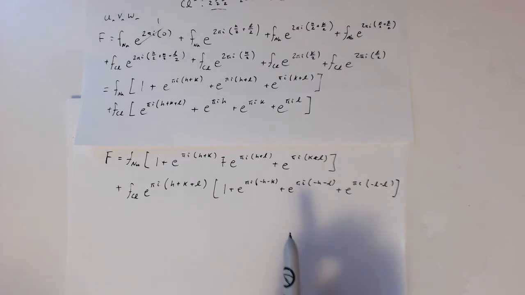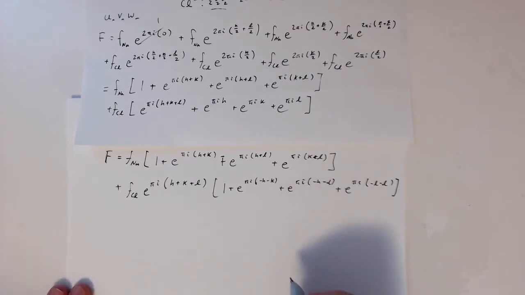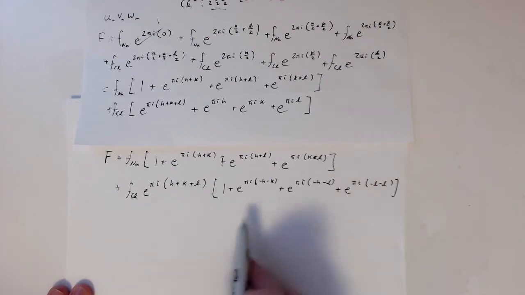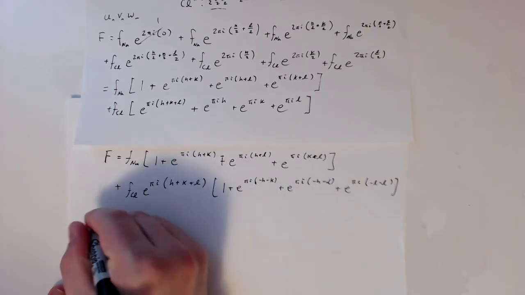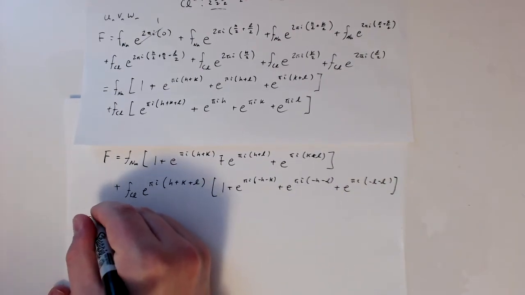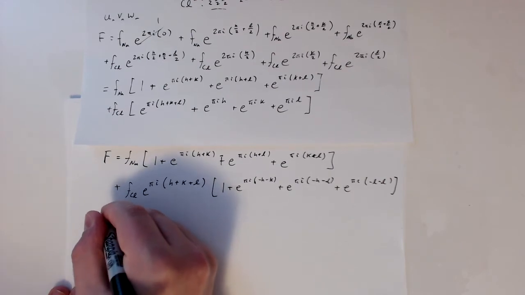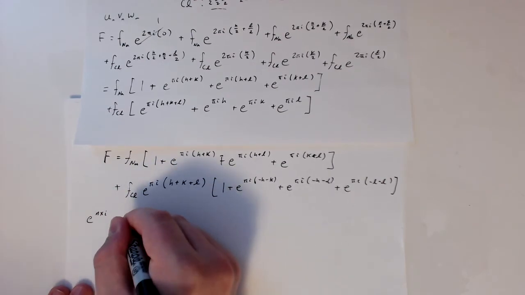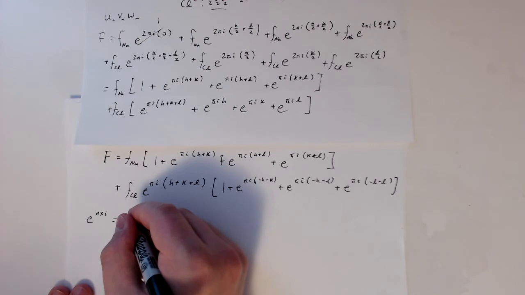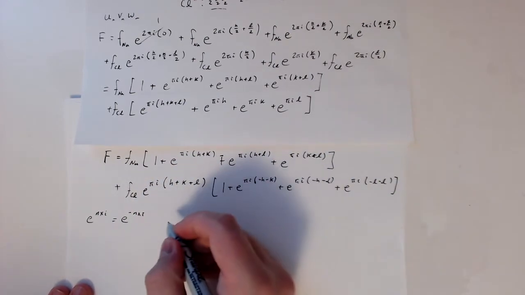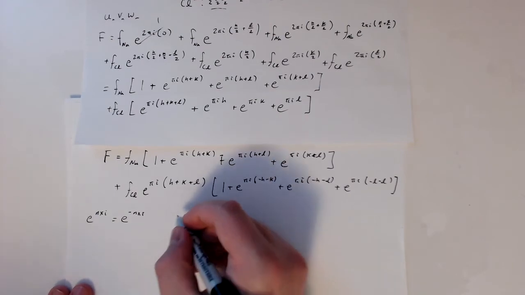And so another tool to change the second bracket here is to realize that if I have an exponential of nπi, it's the same as the exponential of minus nπi. They're equal for any integer n.